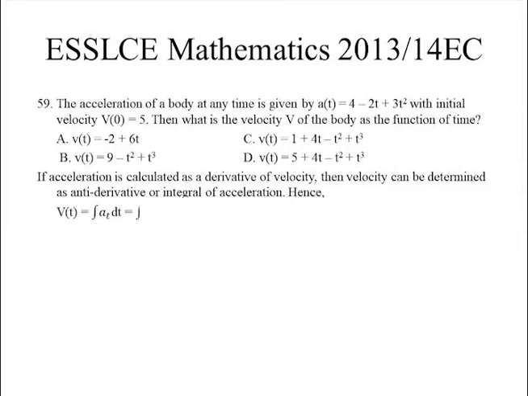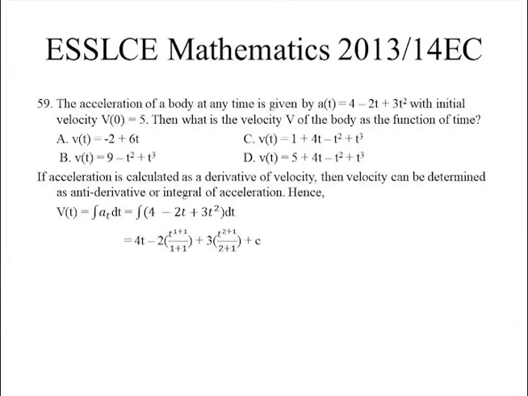Which is equal to integral of 4 minus 2t plus 3t squared dt, which is equal to 4t minus 2 times integral of t, which is t to the power of 1 plus 1 divided by 1 plus 1, plus 3 times integral of t squared, which is t to the power of 2 plus 1 divided by 2 plus 1, plus c.